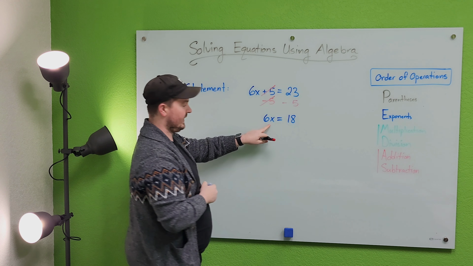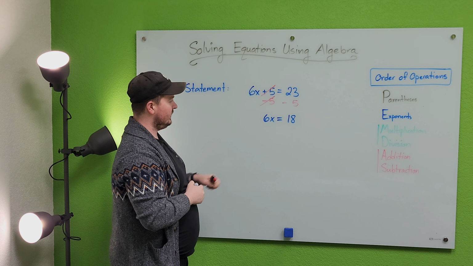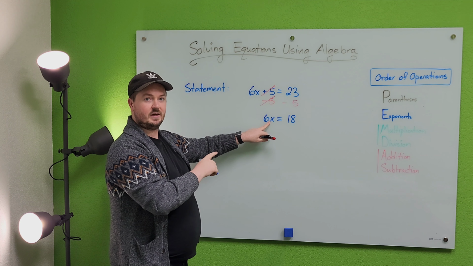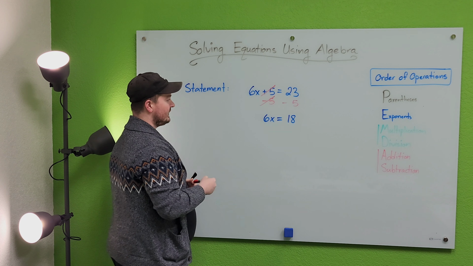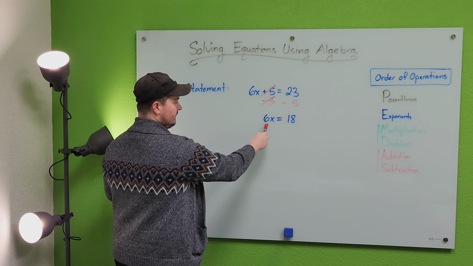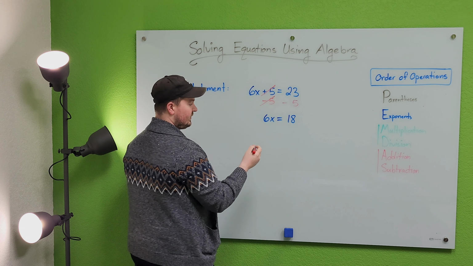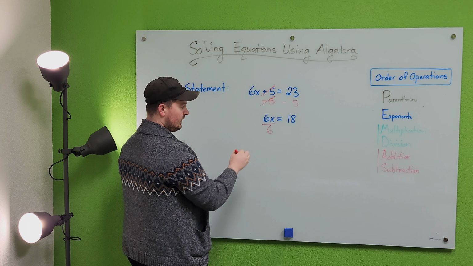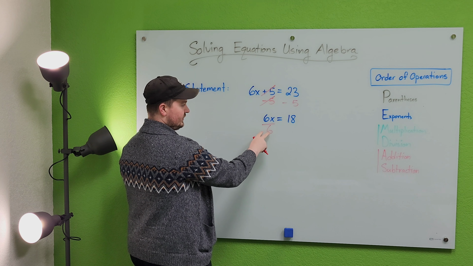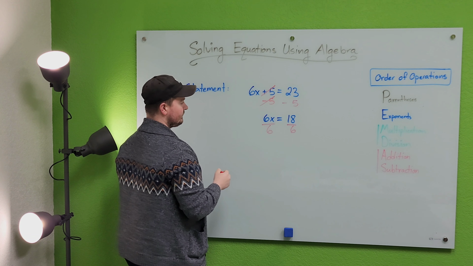division happening to x? Well, when a number is touching a variable, the operation between the number and the variable is multiplication. So we have to ask, what's the opposite of multiplying by 6? The opposite of multiplying by 6 is dividing by 6. But whatever we do to one side of the equation, we have to do to the other side of the equation.